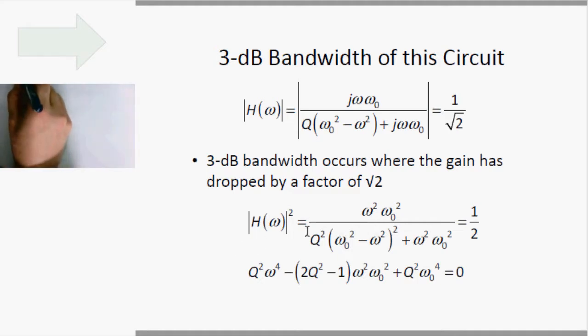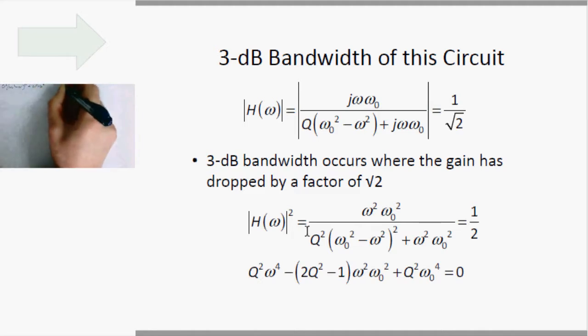When we've got omega squared omega naught squared over Q squared times omega naught squared minus omega squared, squared, plus omega squared omega naught squared equals a half, which comes from taking this complex term here and looking at the magnitude of it. It's just Pythagoras' theorem again. The square of the hypotenuse is the square of the real part plus the square of the imaginary part. I end up with this formula here.